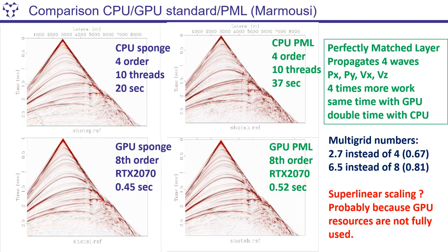It happens that when we increase the complexity, for example, in this picture going from sponge boundary conditions to PML, the computational cost in the CPU doubles, but it remains fairly constant for the GPU. So in some ways, it's like achieving a superlinear scaling, and the reason is that the threshold at which the computational complexity affects the computational efficiency is much higher than for the CPU.